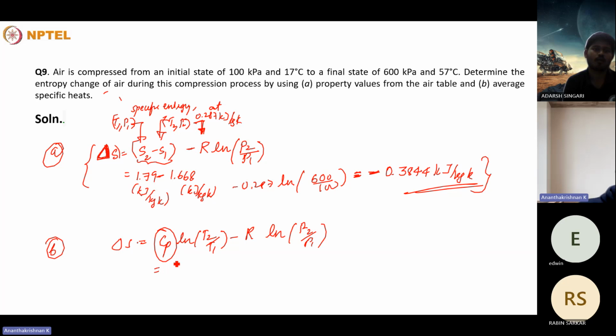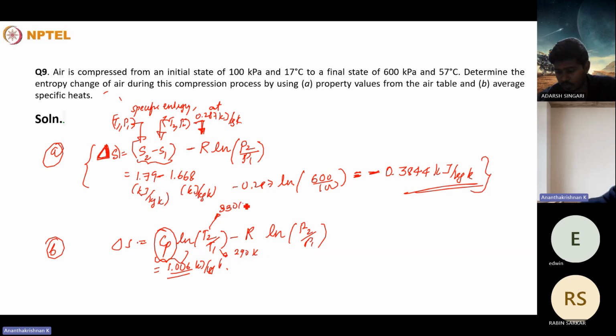For Cp, you take an average between these two state points, and I have used 1.006 kilojoule per kilogram Kelvin, with T2 as 330 Kelvin and T1 as 290 Kelvin, and the same R and P2 by P1 values, and you'll get the value of delta S somewhere nearby.